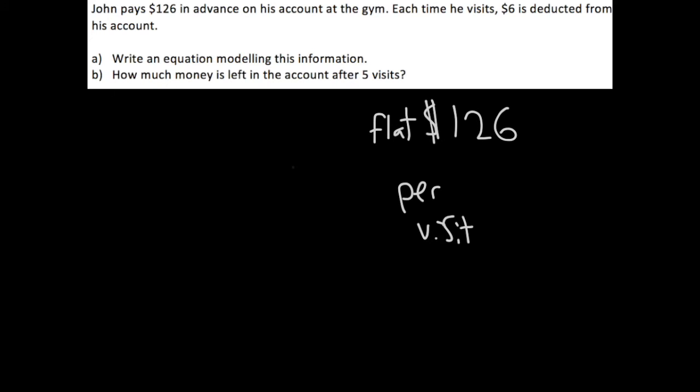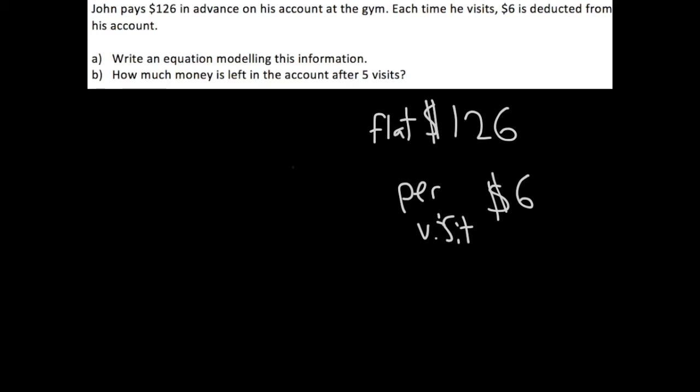So once again, we're going to write down our knowns, and although it's not specifically a flat rate, it's technically a flat rate, so it's going to be the value that we start with. 126, we'll write flat, and each time he goes, so per visit, John pays $6.